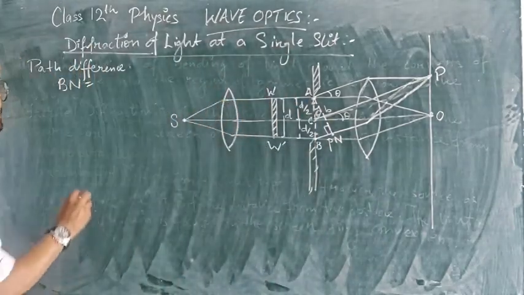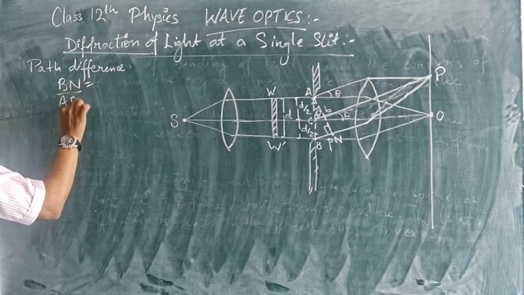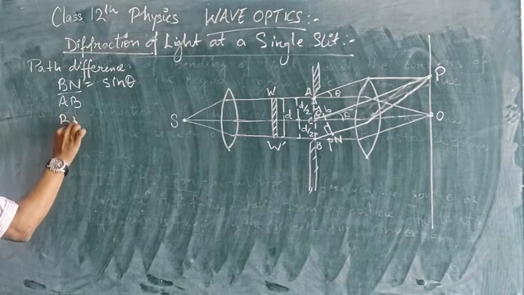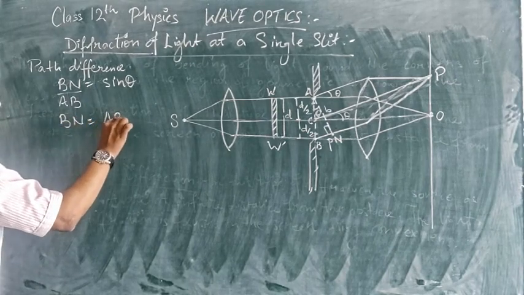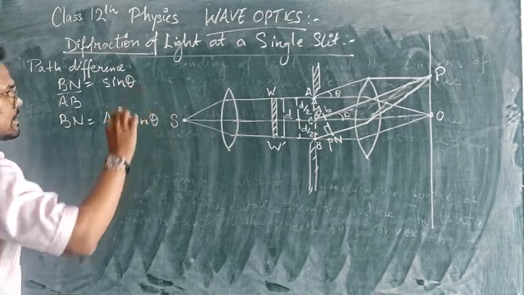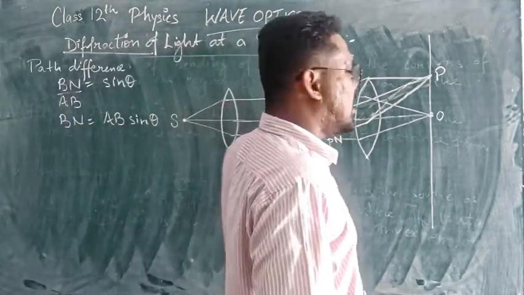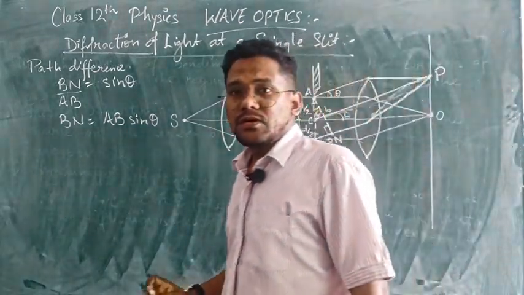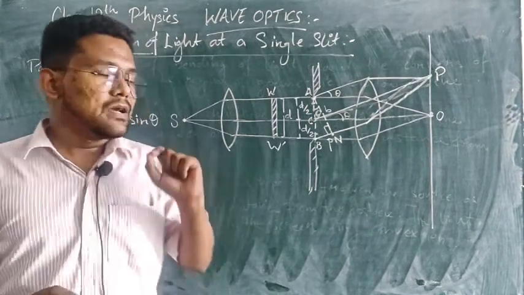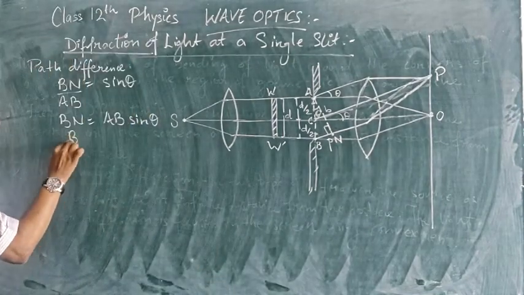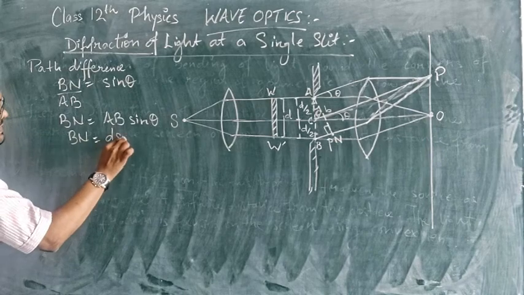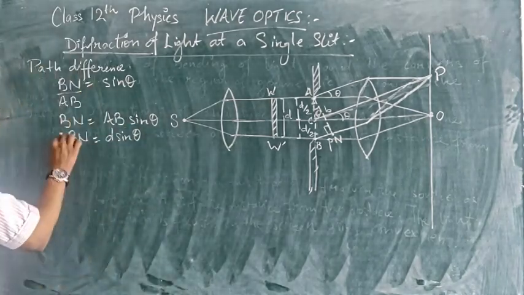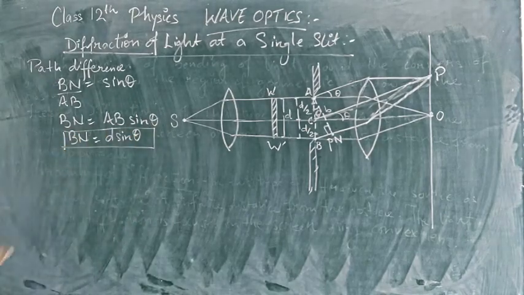So what do we get? BN upon AB is equal to sine theta, or BN is equal to AB sine theta. I already have the value for AB, which is equal to WW dash, which is equal to d. So if I put AB to be d, I get here BN is equal to d sine theta. This is the formula for path difference.